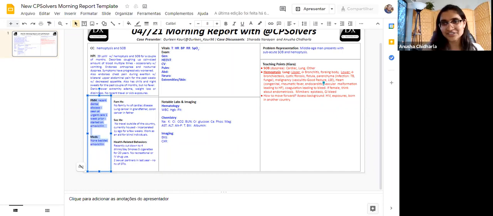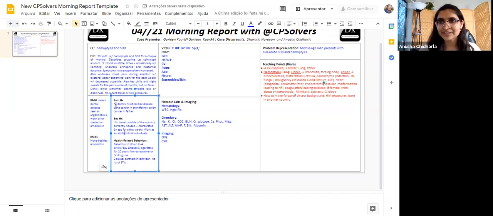Since it's hemoptysis, I go by organ: cardiac or lung cause, or is it a GI cause, which is causing him to have some vomiting that's presumed to be coughing. Sometimes patients don't differentiate between hematemesis and hemoptysis.